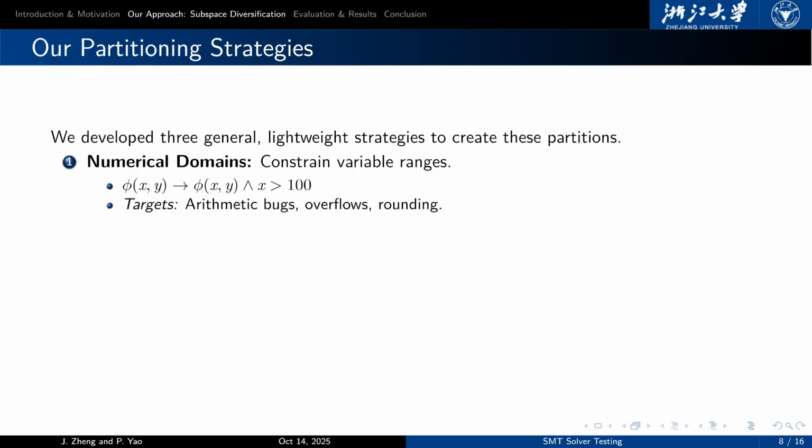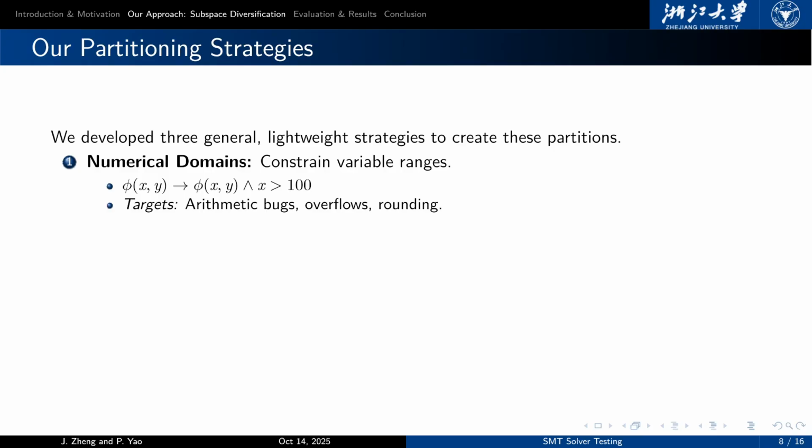We developed 3 strategies to create these partitions. They are very general and lightweight. First, we use numerical domains for formulas with numbers. We add constraints on variable ranges. This partitions the solution space. For example, take a formula phi(x,y).